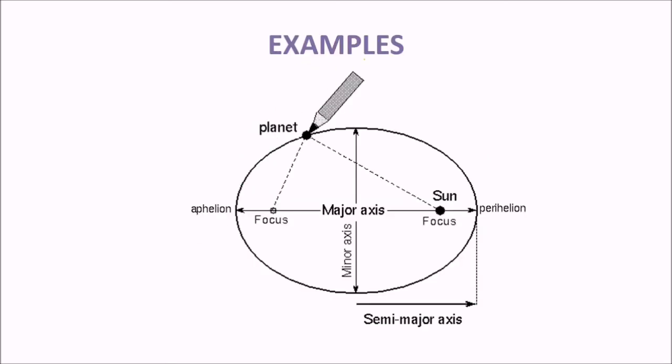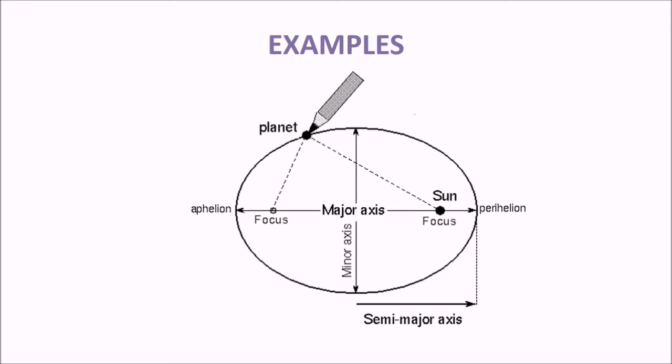And just take an example from real life. You can see that the sun and the earth, or any planet which revolves around a sun, revolves in an elliptical orbit. This is what is said by Kepler's first law, I presume.